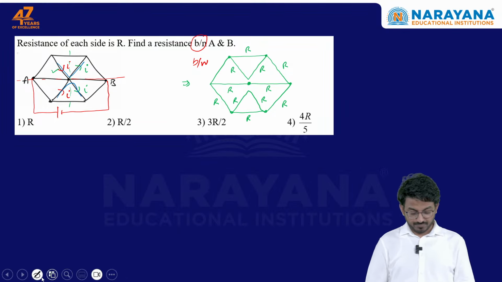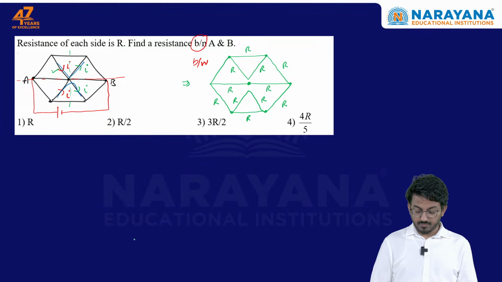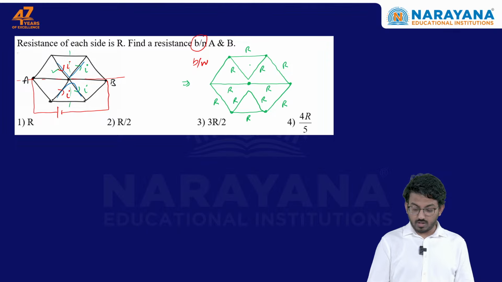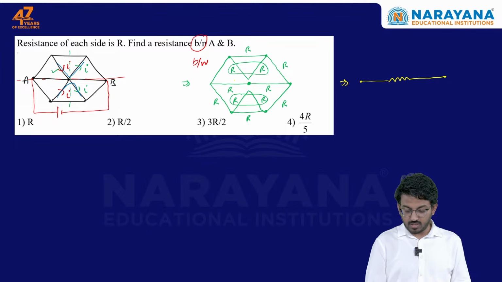Looking at this, here these two resistors are in series. So R and R becomes 2R. This R and R becomes 2R. So the new effective circuit diagram can be drawn further as so, and these are also in series.